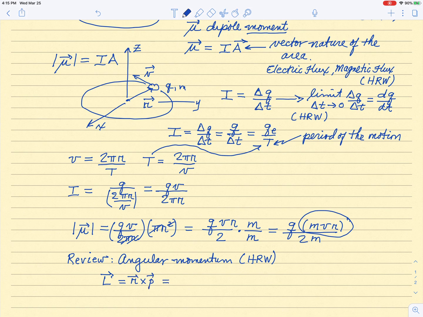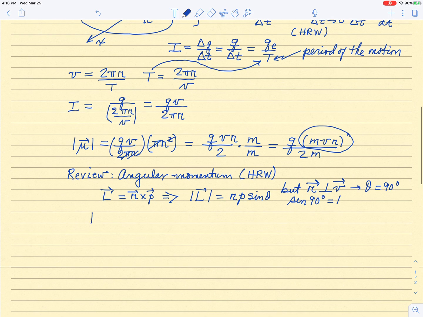which in this case leads to the magnitude of the angular momentum being equal to rp sine theta. But the r vector is perpendicular to the v vector, which means that theta is equal to 90 degrees, which means the sine of 90 degrees is equal to 1.